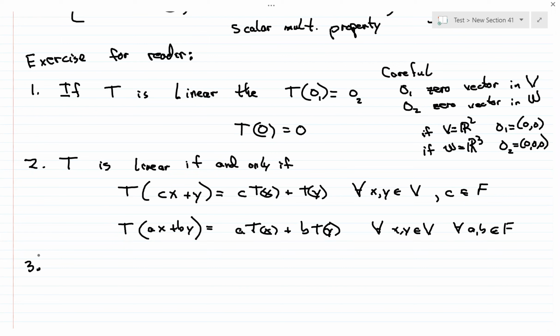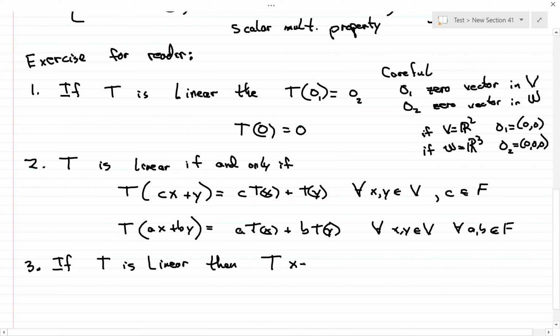If T is linear, which is the assumption throughout this, or that's just short for linear transformation, then what are they saying? They're saying this: the transformation of the difference of two vectors would be the transformation of the first vector minus the transformation of the second.